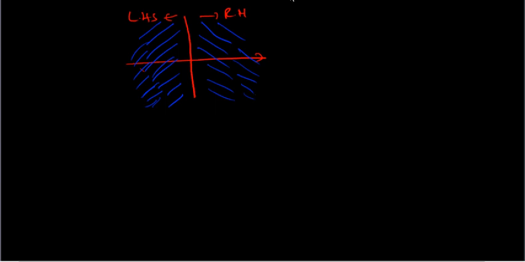So we can generally make a statement that if we have poles of the system present in the right half of the S plane, for sure the system is going to be unstable. And if you have all the poles of a system in the left half of the S plane, the system will be stable.